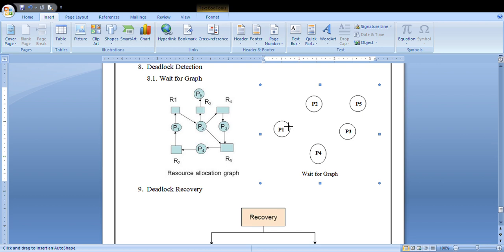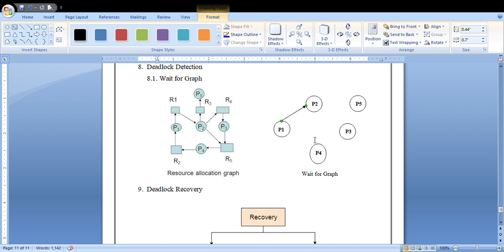Here P1 process is allocated with the R2 resource. P1 process is waiting for the resource R1, which is allocated to the P2 process.